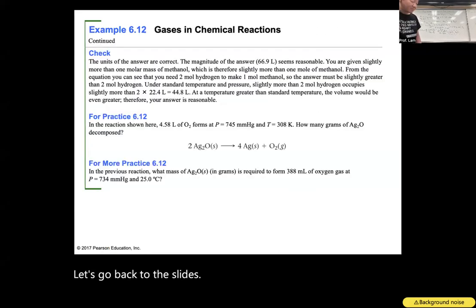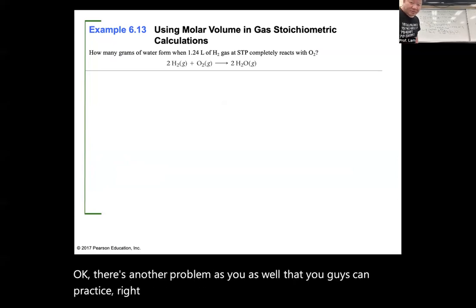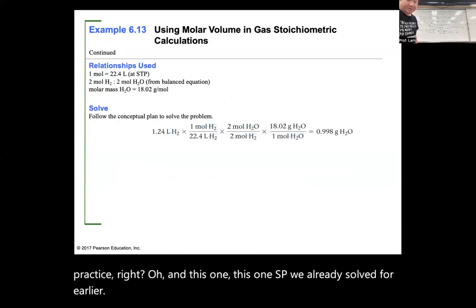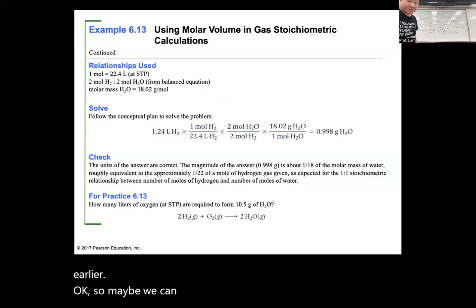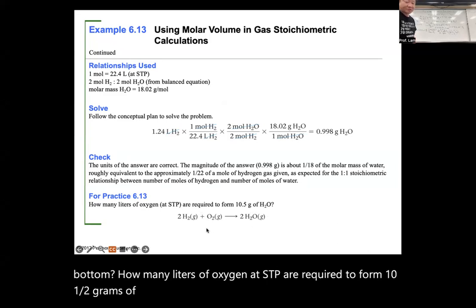There's another problem as well that you guys can practice, right? Oh, and this one we already solved earlier. So maybe we can do another one. How about this one at the bottom? How many liters of oxygen at STP are required to form 10.5 grams of water? And then that's your balanced equation.